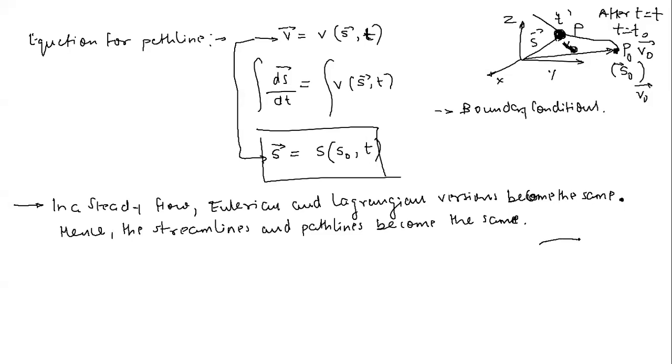So let me take this, let me make it more simple. The flow is steady. At time, let's say, t equal to 0, at this point P, the velocity vector was tangential to this.